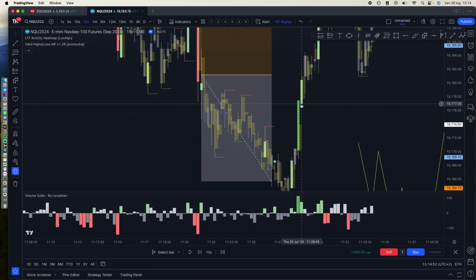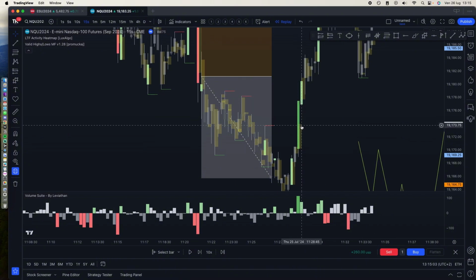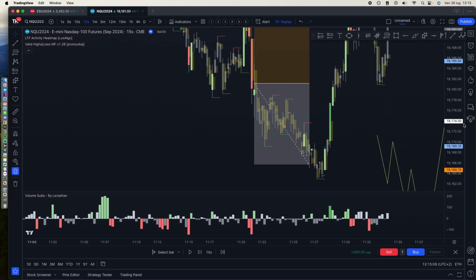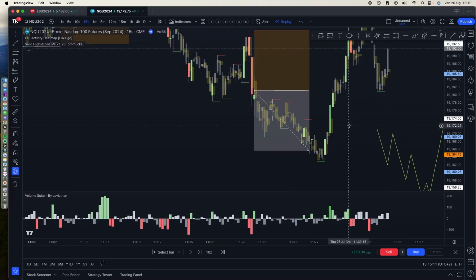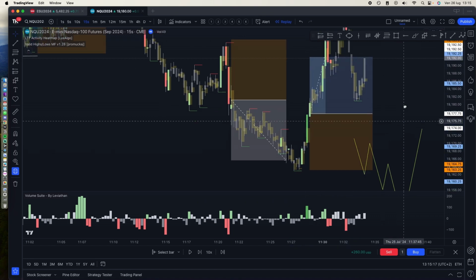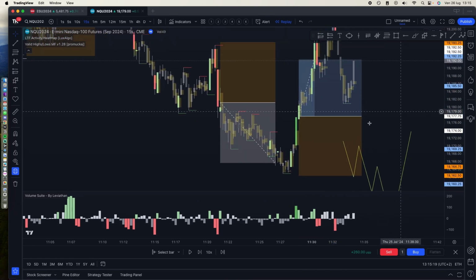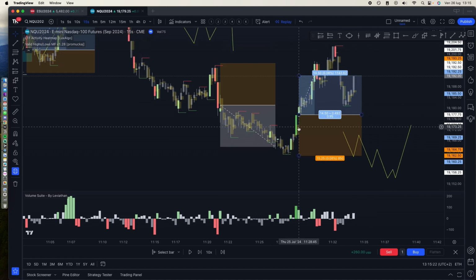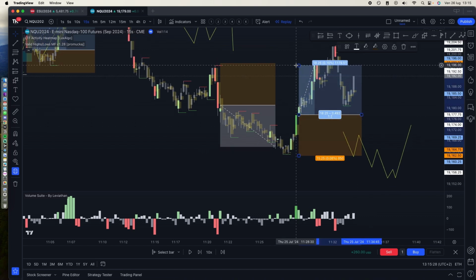So 99% of the time when you see a green candle like this breaking the structure without any wick, it means that price is going to keep the pressure and going up. So you can enter like this. You can split the size, or just wait to be more conservative. The target is this one.